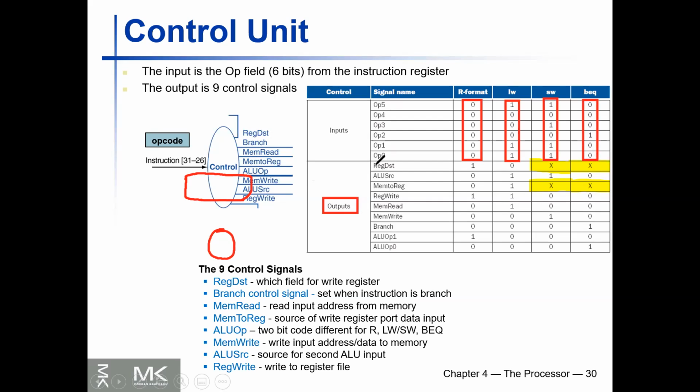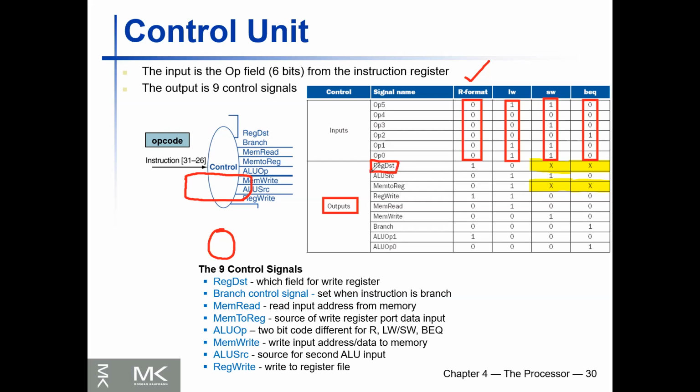Regarding the output, take the register destination signal. If the instruction is R type, do we need a destination register in this case?